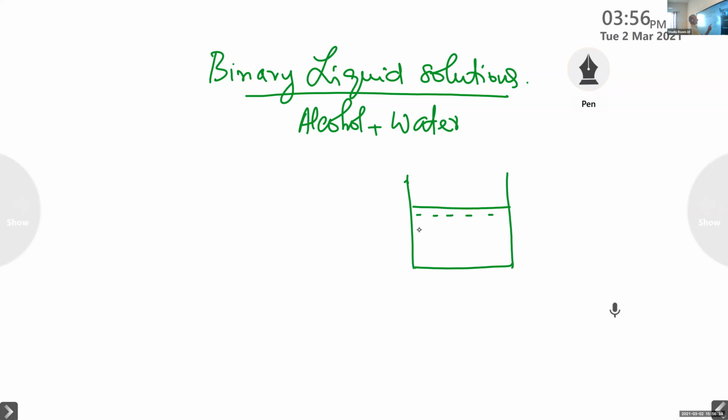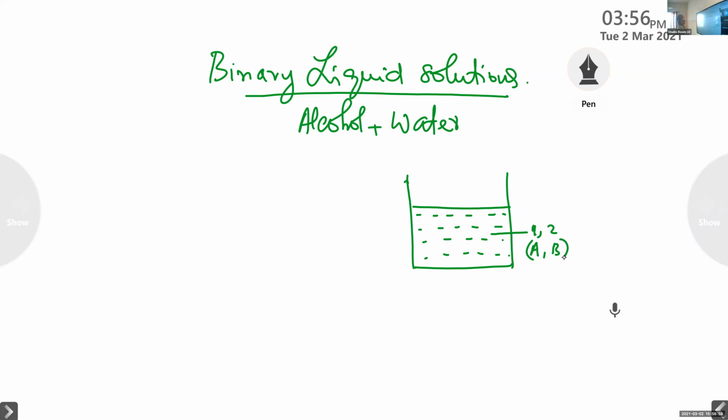See here we have a solution, a liquid mixture, say for example, two liquids, liquid 1 and liquid 2, or you may call them A and B. For example, alcohol plus water.